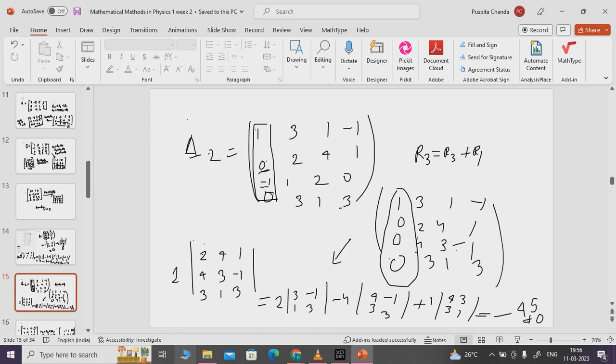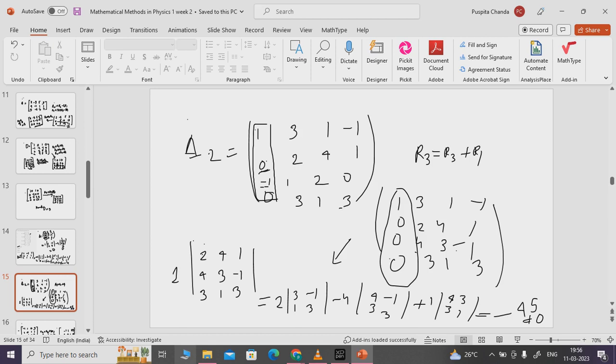When you make this thing, it is already reduced to a 3 by 3 matrix or 3 by 3 determinant. Then follow the procedure to expand the determinant. You don't have any problem then.